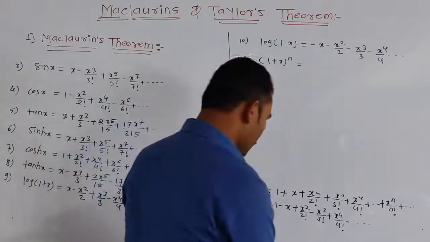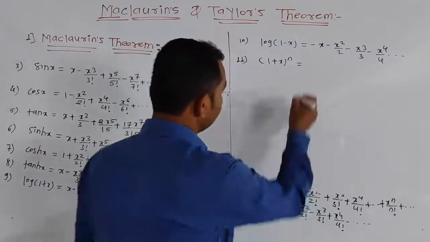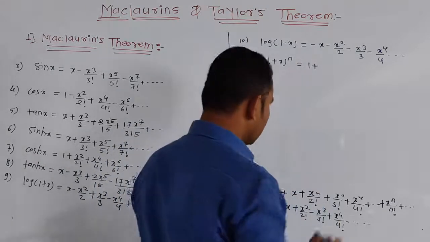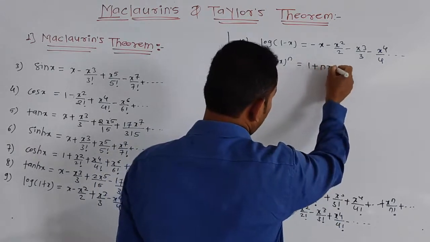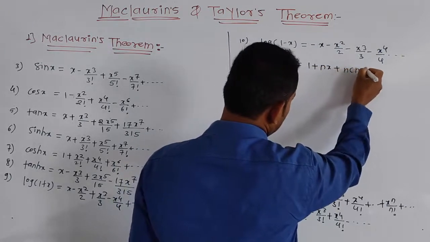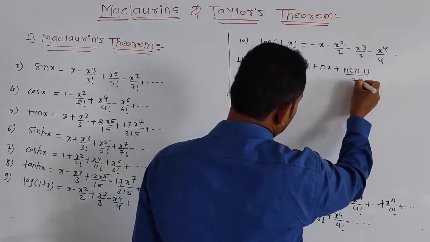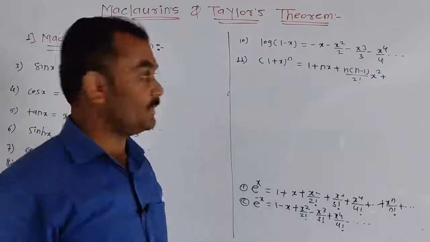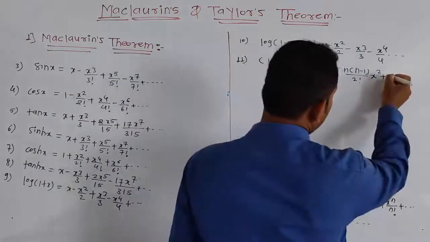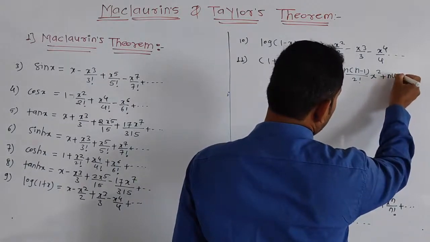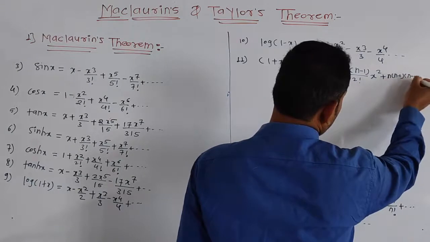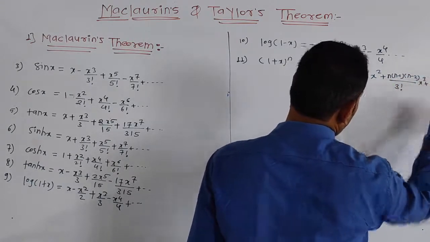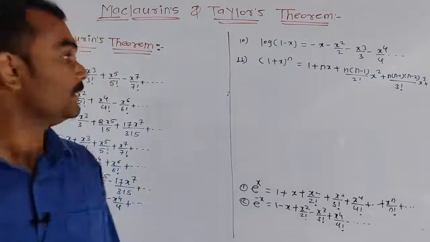It is 1 plus nx plus n in bracket n minus 1 divided by 2 factorial into x square plus next term n into n minus 1, n minus 2 divided by 3 factorial x cube plus dot dot dot. Okay, binomial theorem. We know that very well.